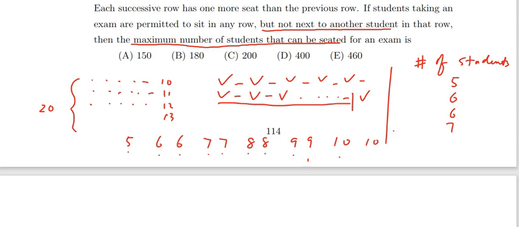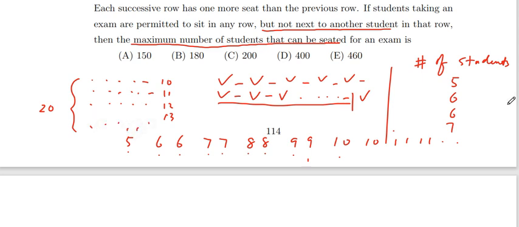Okay, so 11, like that. So let's say we have 20 rows. So the last one can be how many? So if we have 10, 11, how many seats are in the last row?